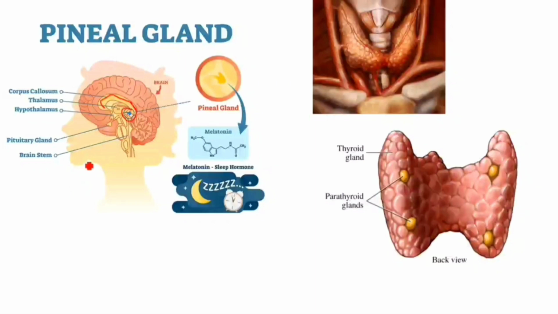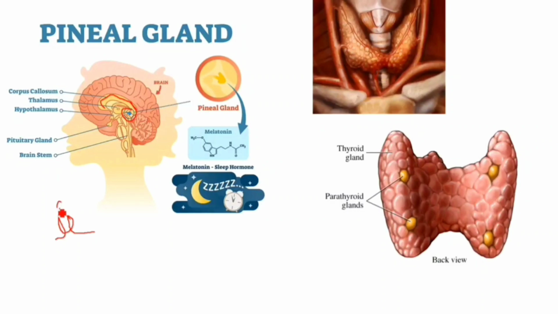Pineal gland. As you can see here, this is the pineal gland and it is located under this structure. The pineal gland is located on the roof of the third ventricle of the forebrain, which forms the pineal stalk.